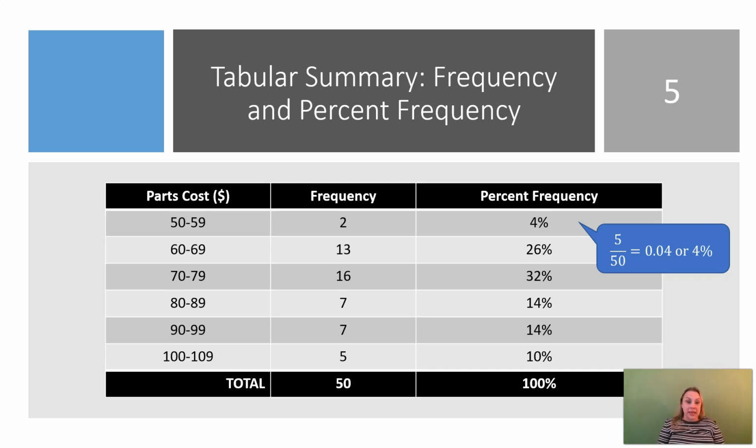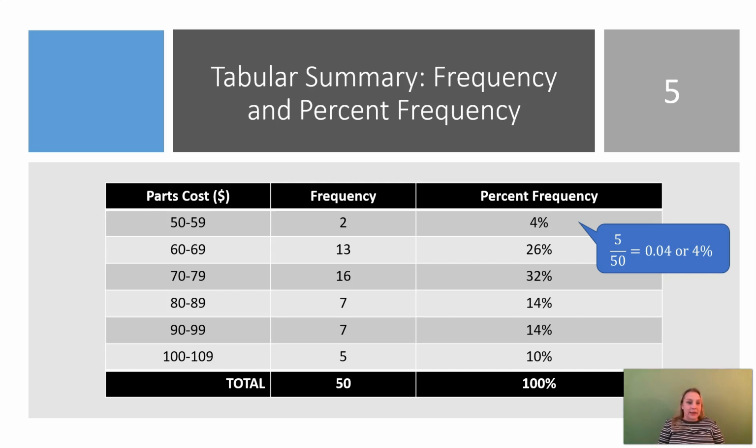So we've taken the continuous variable, part cost, and put it into bins or groups. The first group is 50 to 59, the second 60 to 69, and so forth. Notice that the widths of those groups are the same increments every time.